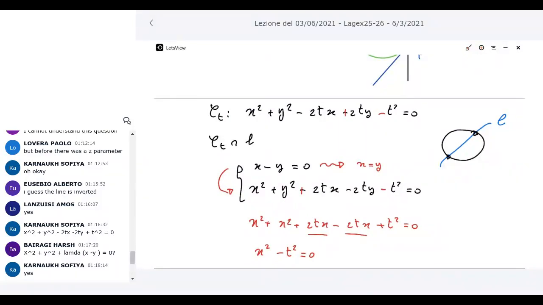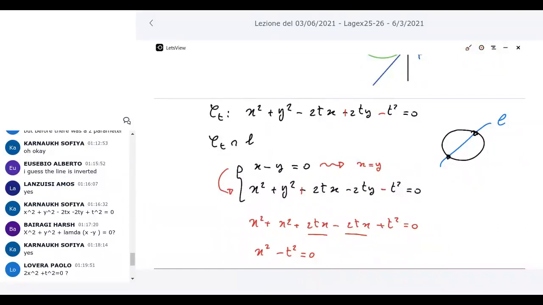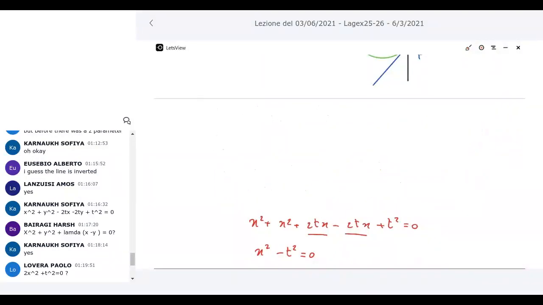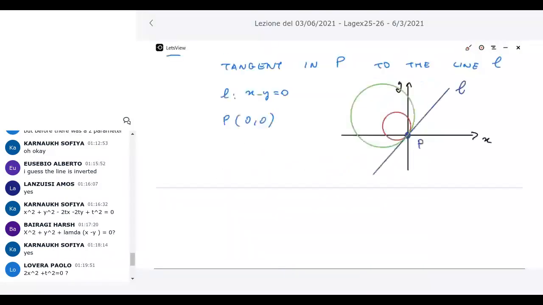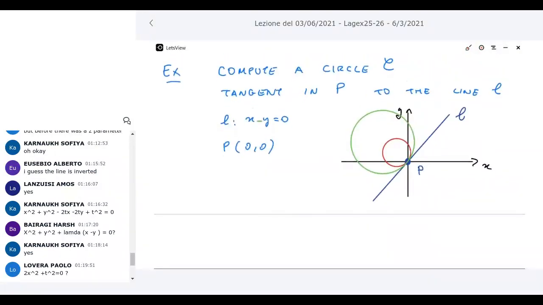Okay, but this is because I changed the line. So this solution is not the one we want, but that's because there was a change of the line during the computational process, but we can adjust it very quickly. So what is the idea? The idea is that all these circles have something in common, which is the fact that the center is on a line orthogonal to L and going through P.